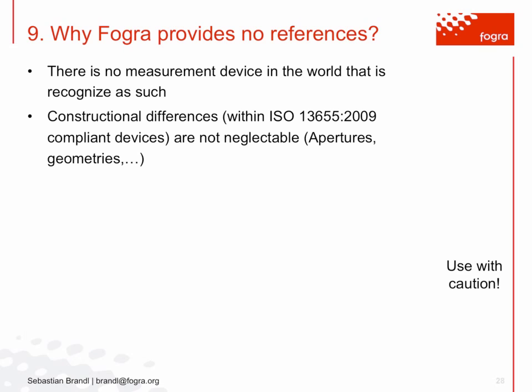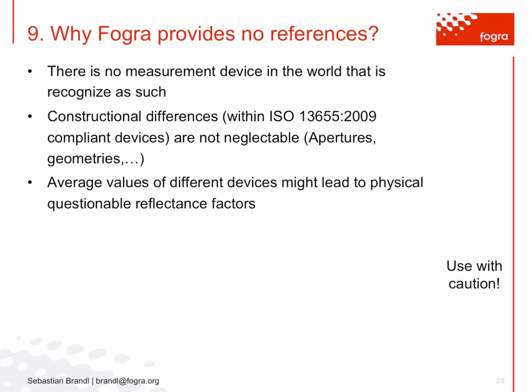Yeah, finally, I would like to give you information on why Fogra does not provide reference materials with LAB values, because you might have noticed that some consultants or other companies do so. First, it is important to see that there is no measurement device in the world that is recognized as such a reference, a true-value-giving measurement device. Unfortunately, there is no such thing.